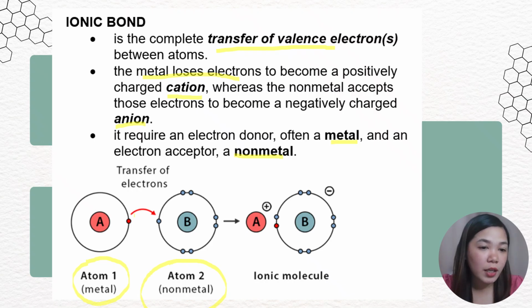So the electron of the metal will be given away to the non-metal. This makes the atom of the metal stable, and the atom of the non-metal stable. You can see here that atom A, which is the metal, becomes positive, and atom B, which is the non-metal, becomes negative.